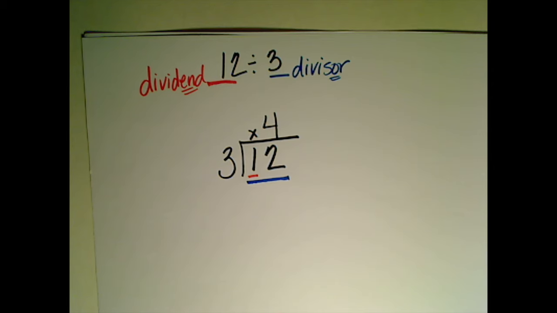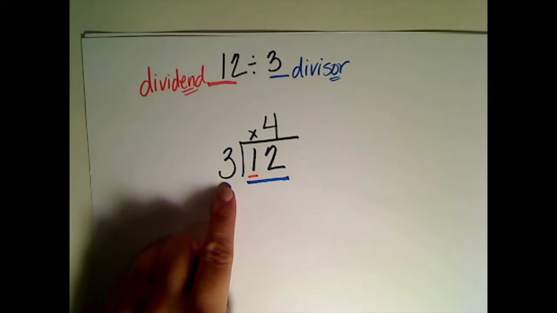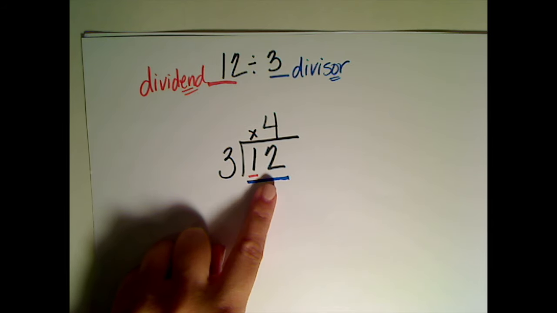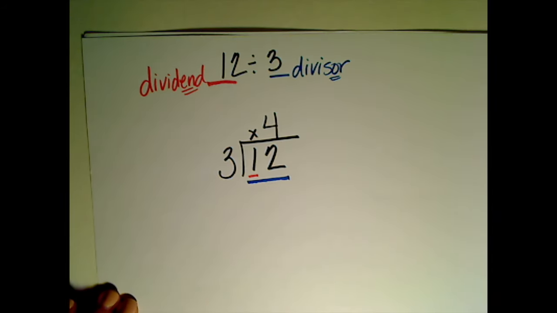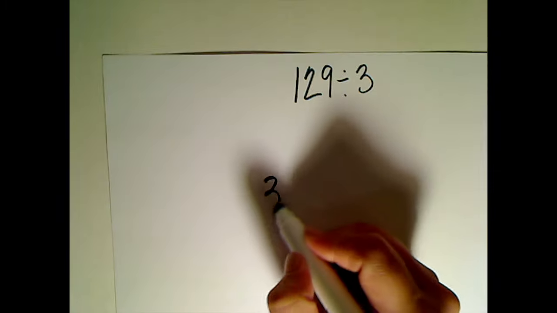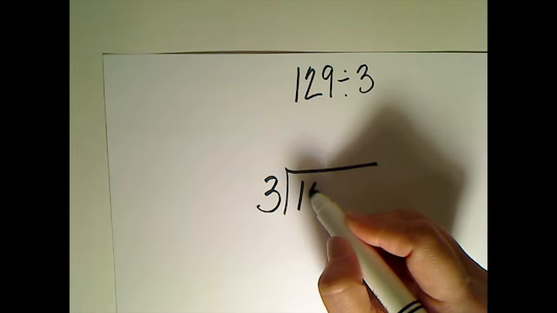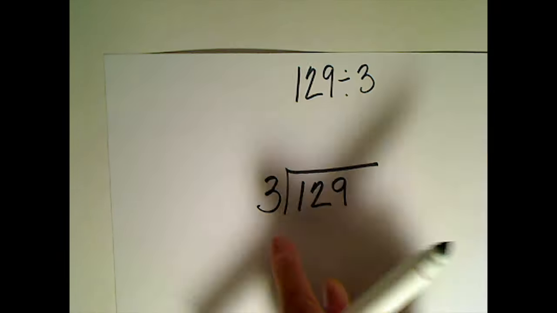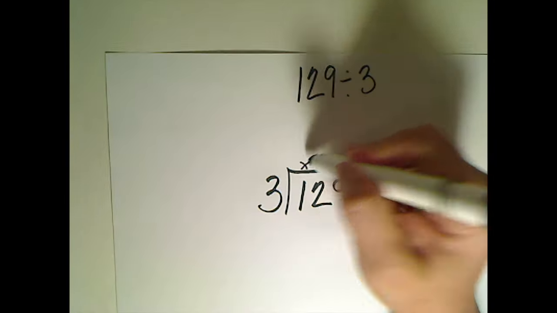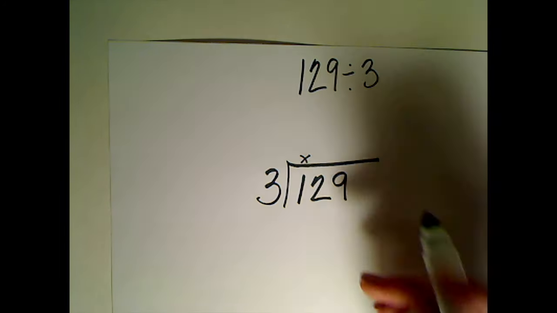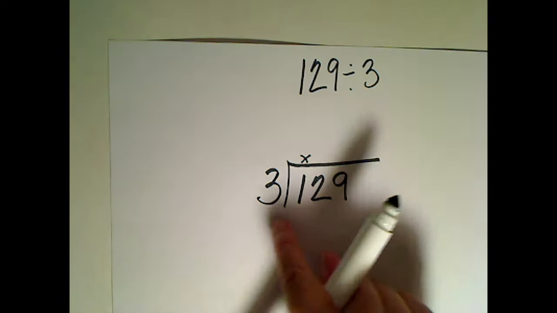So let's see what happens when we continue to have a 1-digit divisor, but a 3-digit dividend. Take 129 divided by 3. 1-digit divisor into a 3-digit dividend. 3 cannot go into 1. 3 can go into 12.